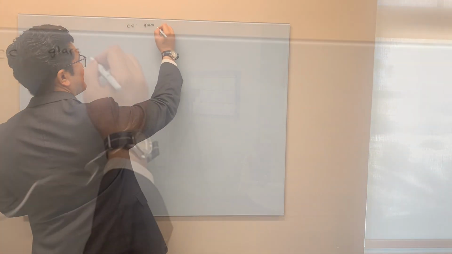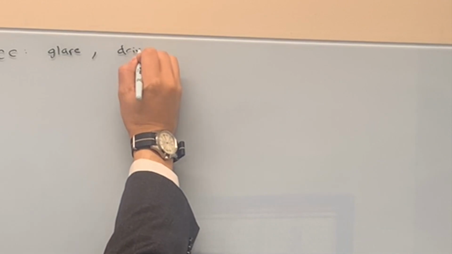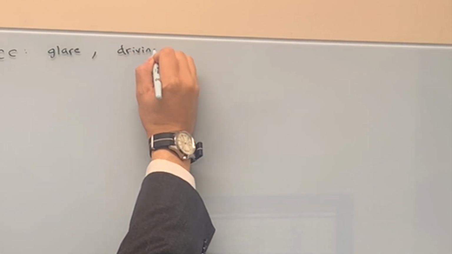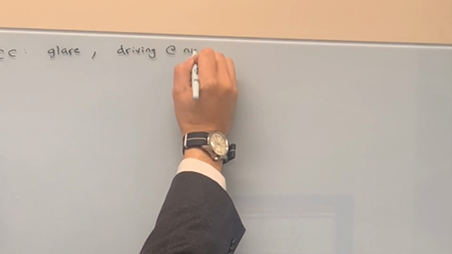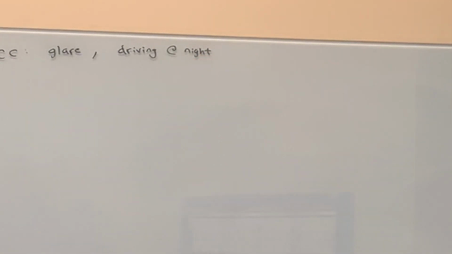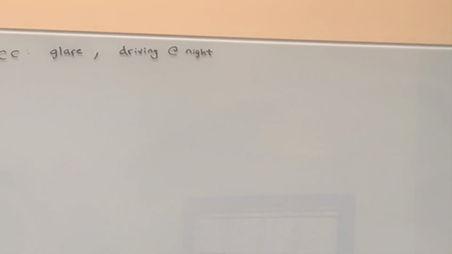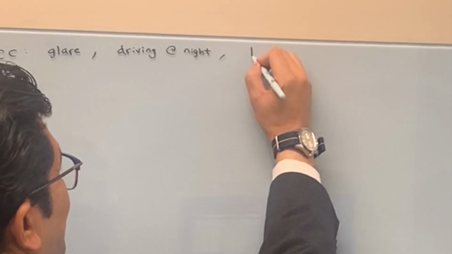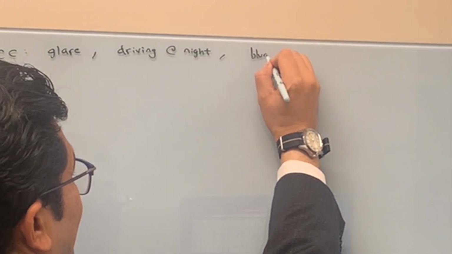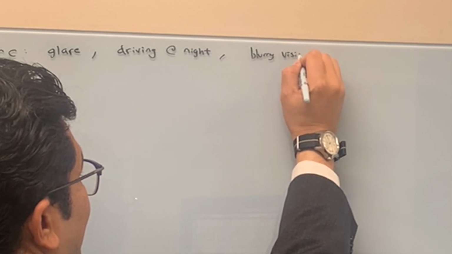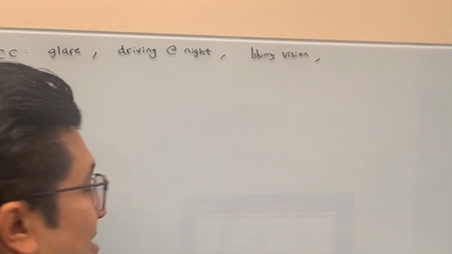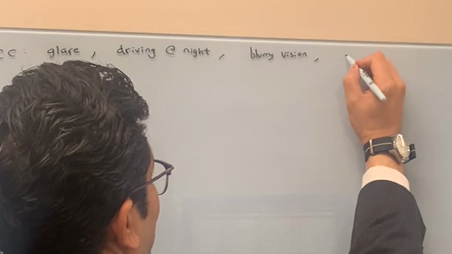Difficulty driving at night. What are other common chief complaints? Can't see. Yeah, vision loss. Blurry vision.